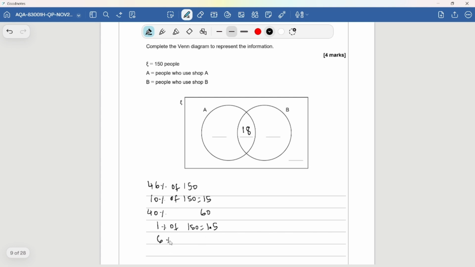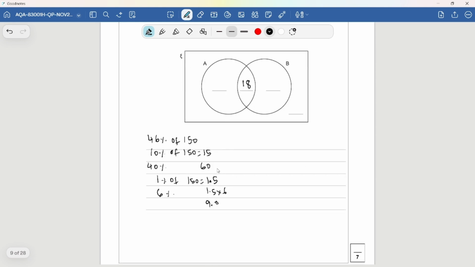And then 6% will be 1.5 times 6, which is 9. So 40% plus 6%, that is 46%, will be 60 plus 9, to give you 69 people. So 46% of 150 is 69.